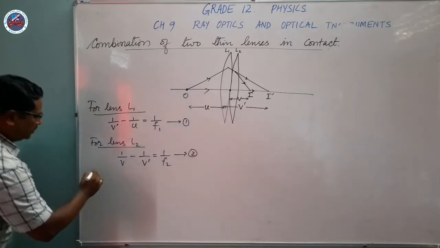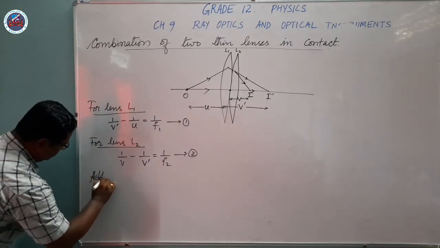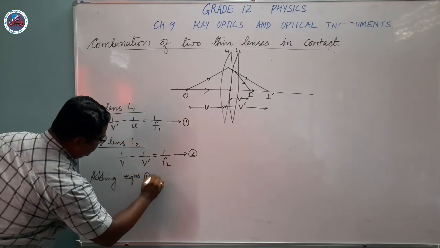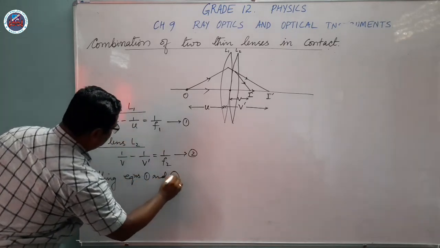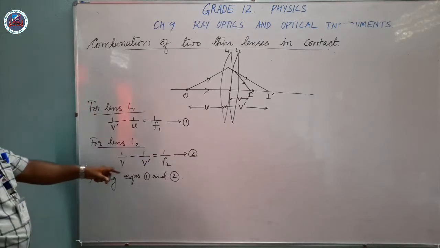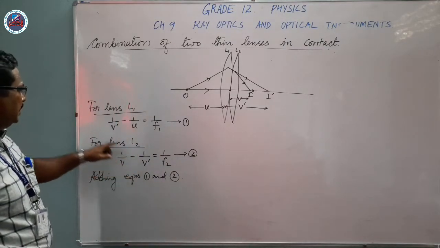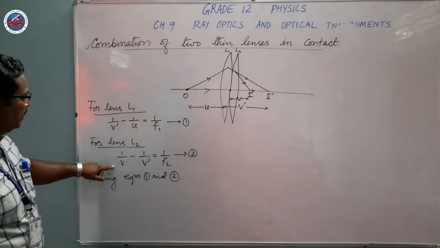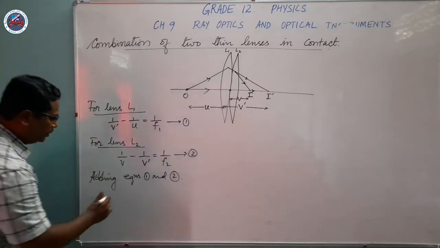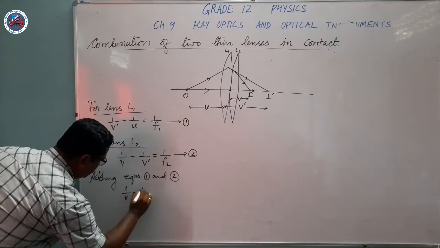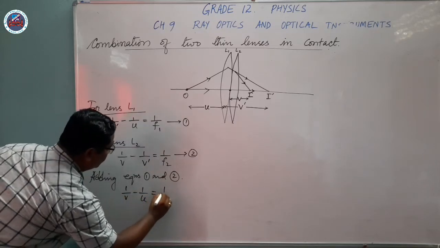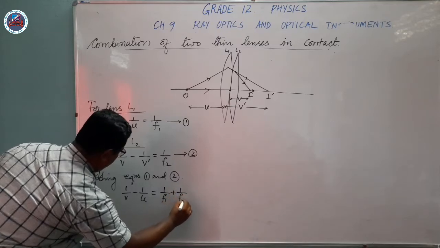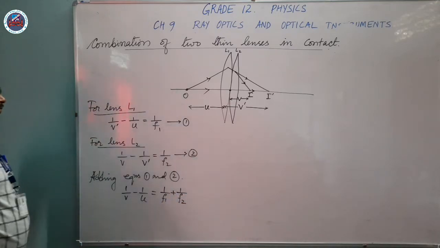On adding these two equations, one and 2, you will find that 1 by V dash, that is minus, and 1 by V dash, that is plus, will get cancelled each other. You will have 1 by V minus 1 by U is equal to 1 by F1 plus 1 by F2. We are adding it.